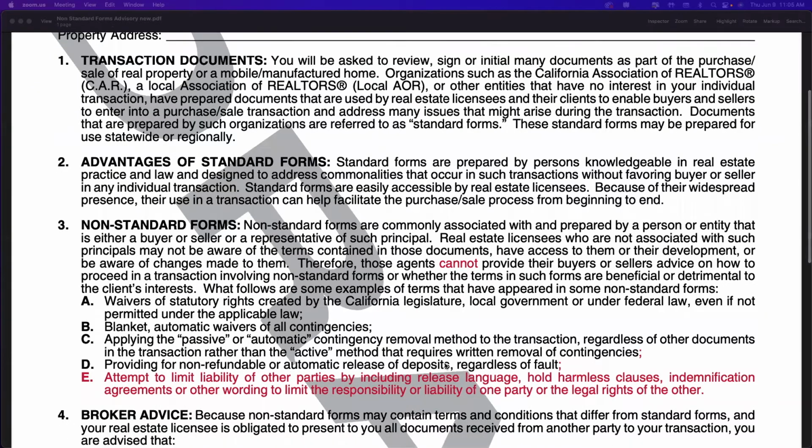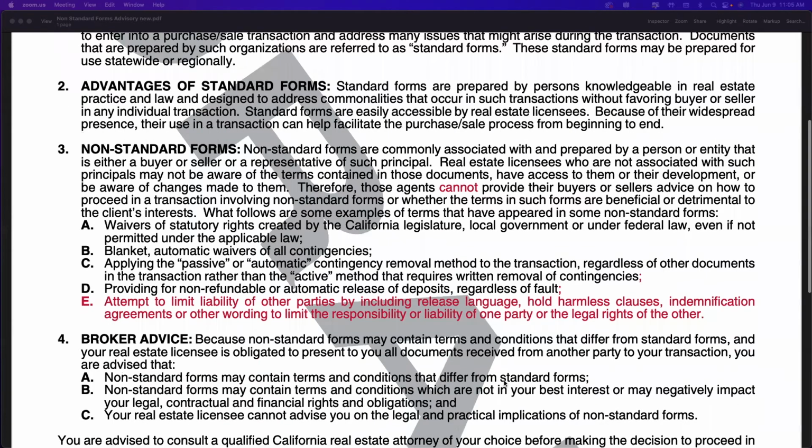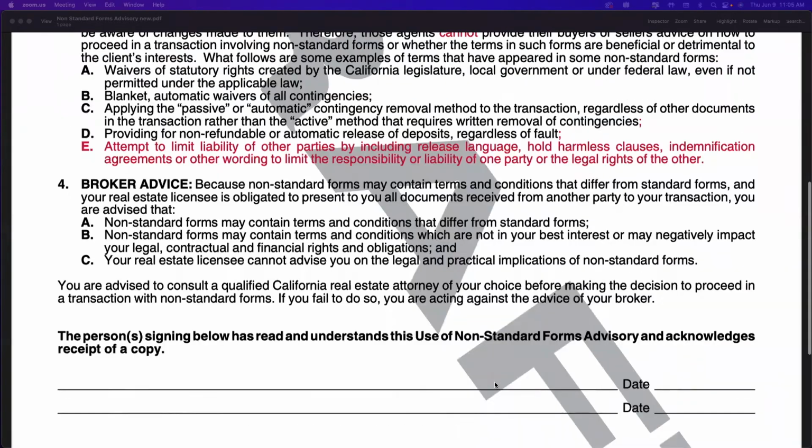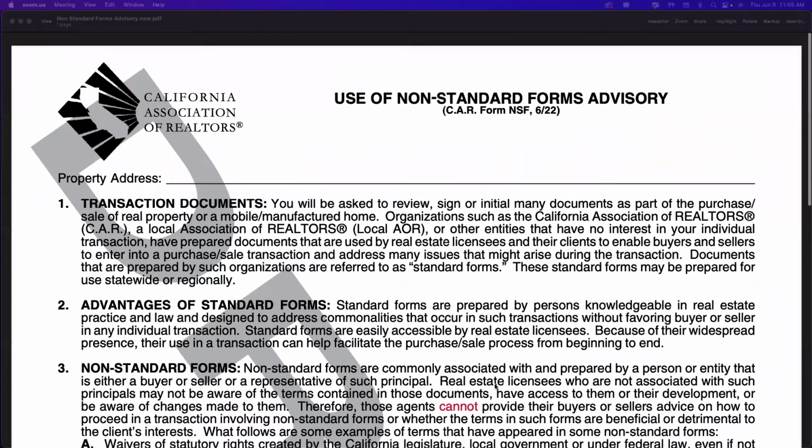It wasn't created by the Board of Realtors. It wasn't created by CAR. It wasn't created by CRMLS. And if that's the case, I can't give you advice on whether or not this is good or bad for you. Okay, pretty fair. I mean, it's straightforward. But that's one of the new forms that came out.